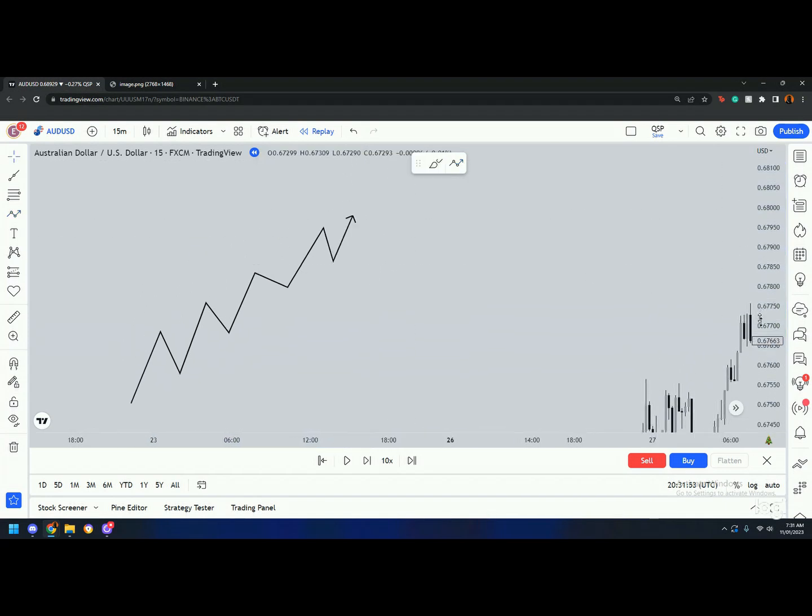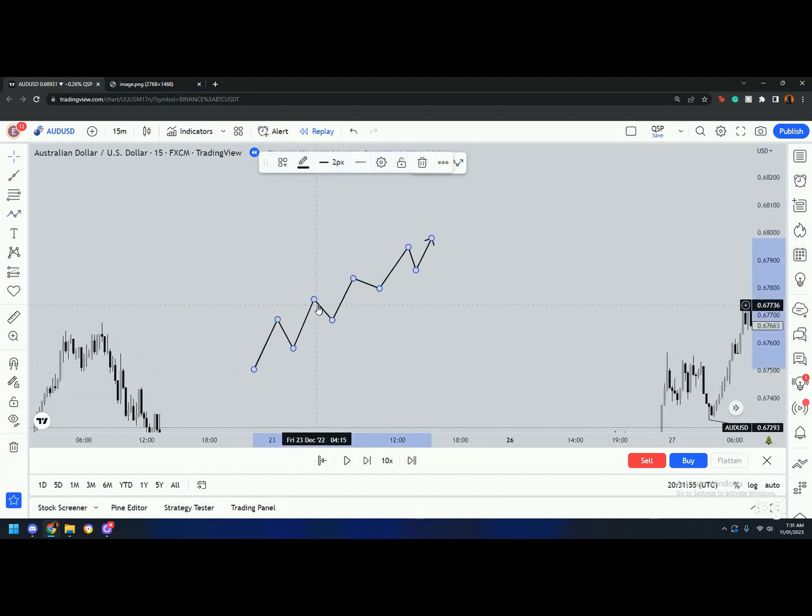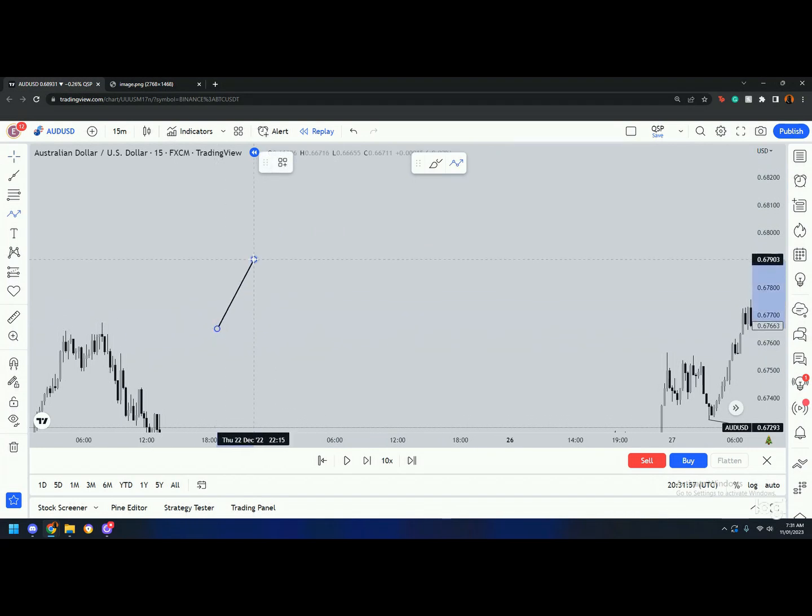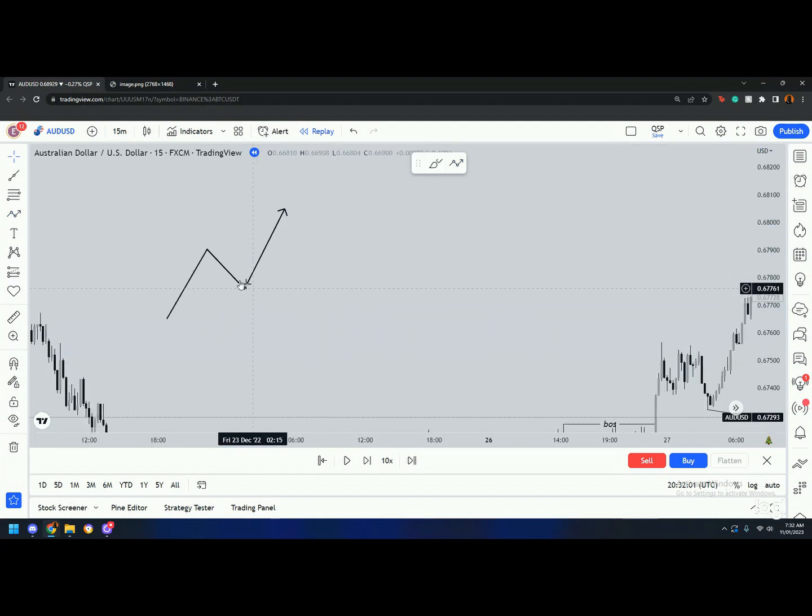Actually, I have a better example. Pretend this is the 4 hours. You guys know this is a break structure, break structure.